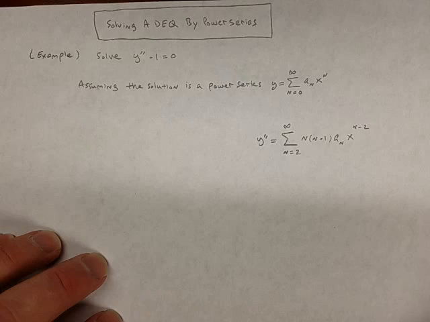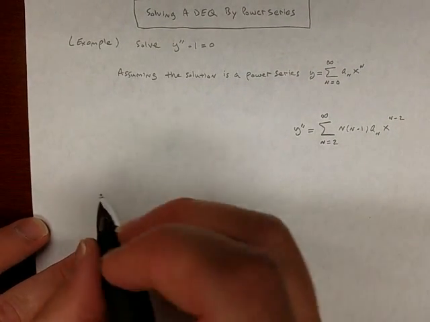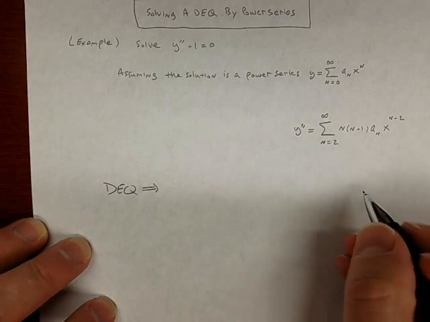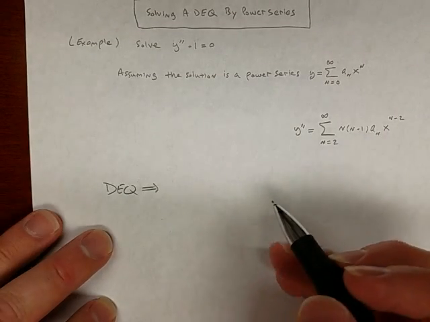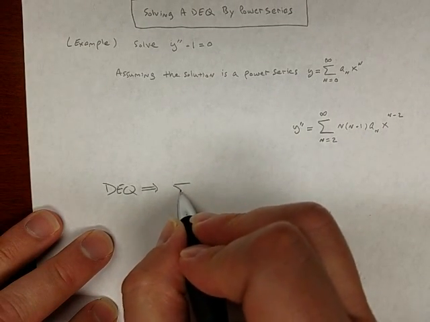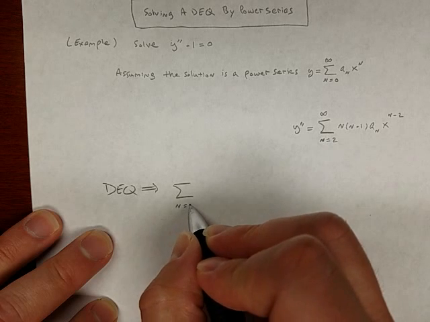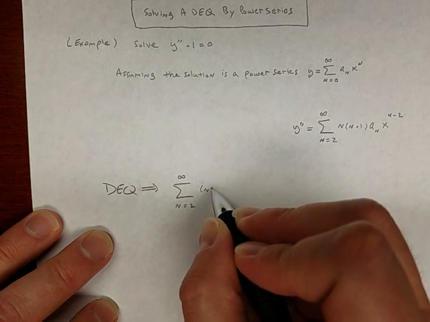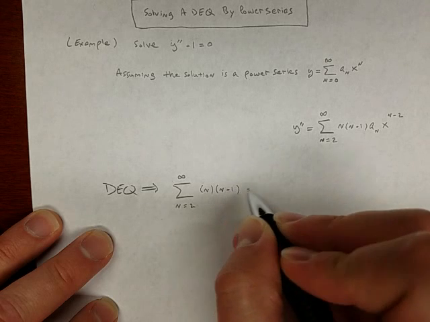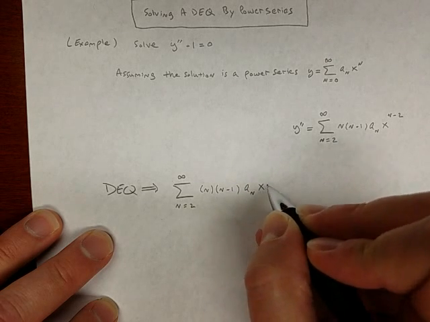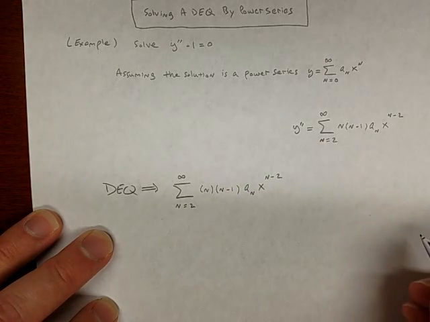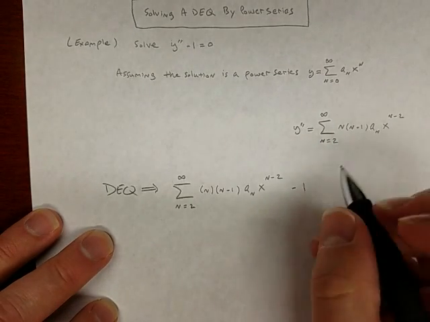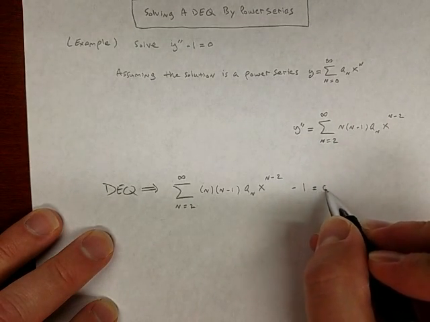So what does that look like? Okay, here's your differential equation with the assumed solution operating inside of it. I get this. Here's my y double prime, subtract the constant 1, equals 0.